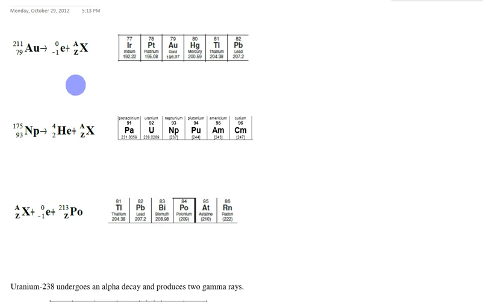Okay. The first one right here, we're presented with gold-211, and we see that a beta particle is emitted, and we need to determine what isotope was formed. Well, what we can remember is that with beta decay, it's 1 to the right.